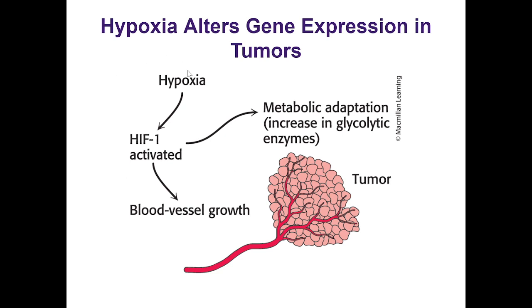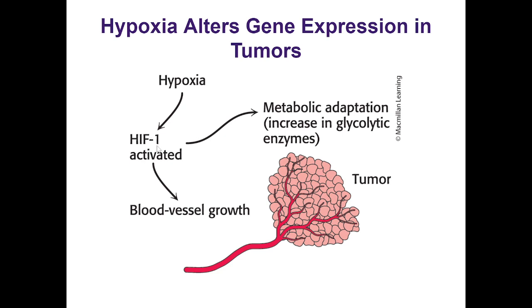So this is the hypoxia again, altering gene expression in your tumors. What does hypoxia mean again? Hyperoxia would be more oxygen, right? Okay. HIF1 is going to be activated by that hypoxia.